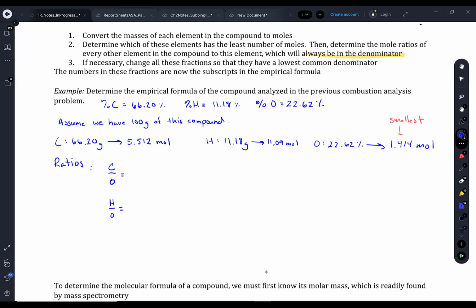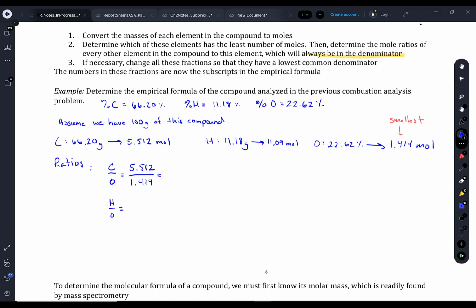Good. So 5.512 moles over 1.414. Oh, and this problem gives not very good results. I should rewrite it.